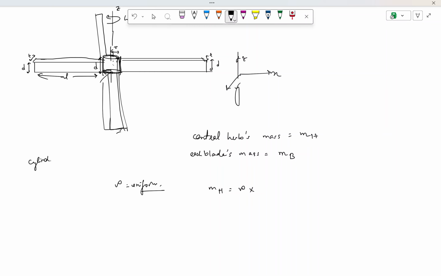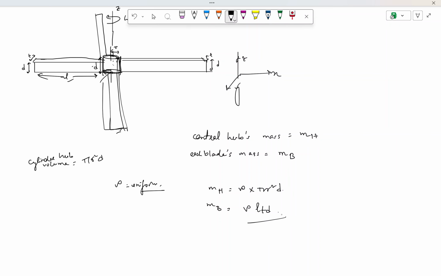So the cylinder volume is pi r square into d. But each blade is like a 3D rectangular block, which has all 3 dimensions given: length L, depth D, and thickness T. So this is simply rho L T D.